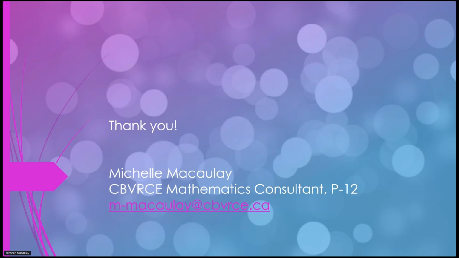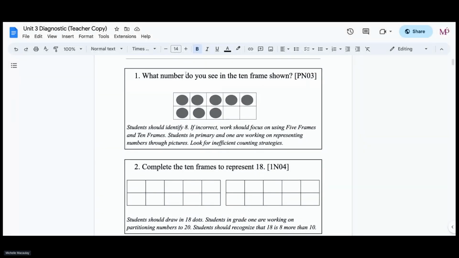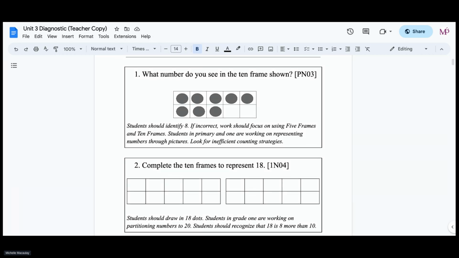In some cases, for example, the question that you saw, if we looked at that grade two assessment, through the classroom instruction, if the teacher was working a lot with 10 frames and they knew that the students had that well in hand, they've used their professional judgment and have just graded that one as being successful instead of re-administering an actual assessment tool.